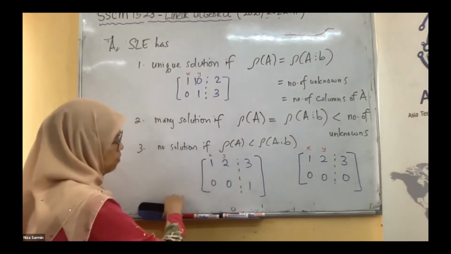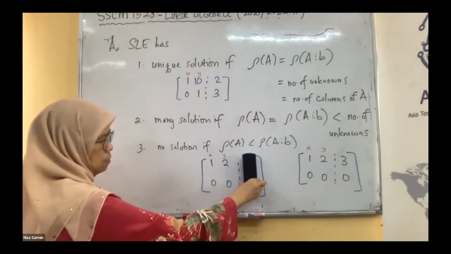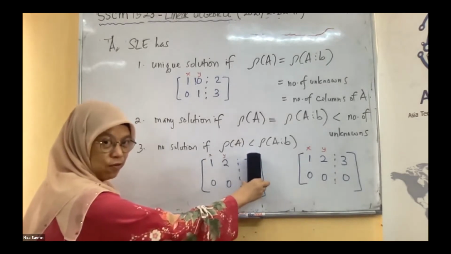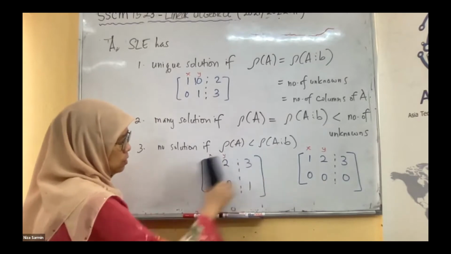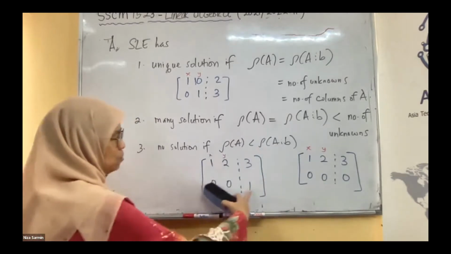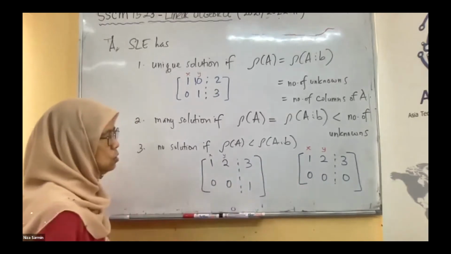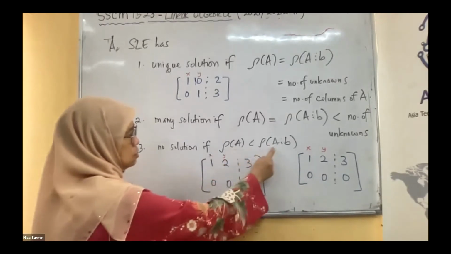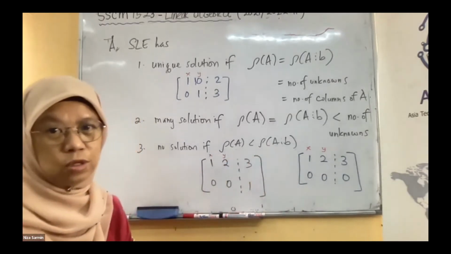What is the rank of A? 1, yeah? The rank of A is 1. What is the rank of AB? It is 2, right? Because there is a 1 here. So this is 1, but this is 2. So it's less, it's not equal.